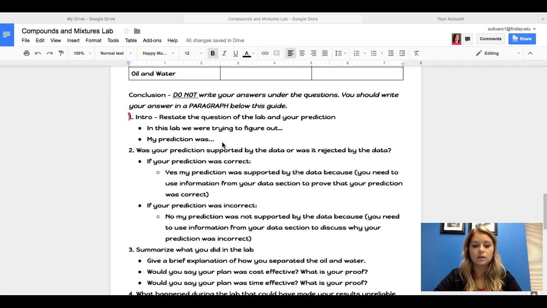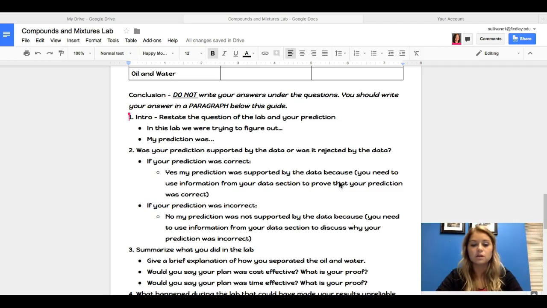The second thing that you need to include is whether or not your prediction was supported by the data, or was it rejected by the data. If your prediction was correct, you need to write, yes, my prediction was supported by the data because, and you need to use the data that you collected to prove that your prediction was supported.